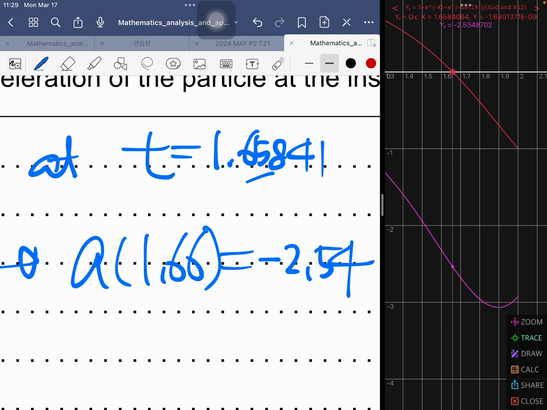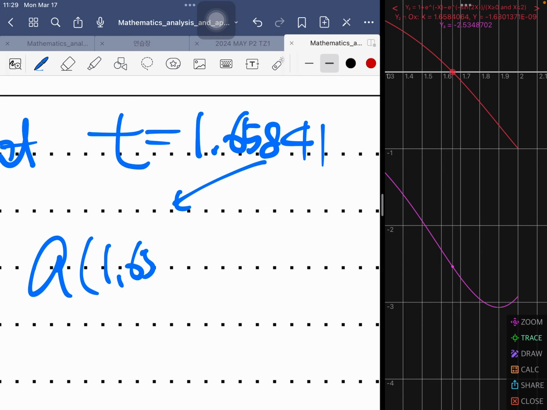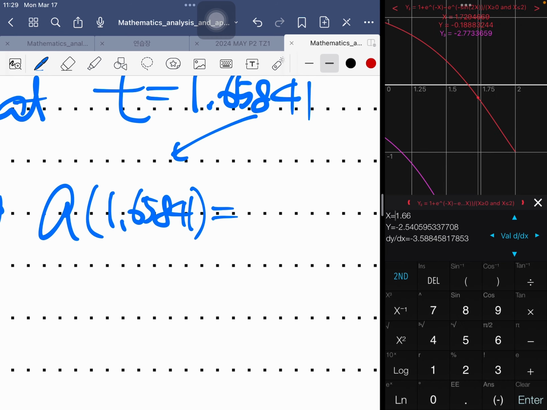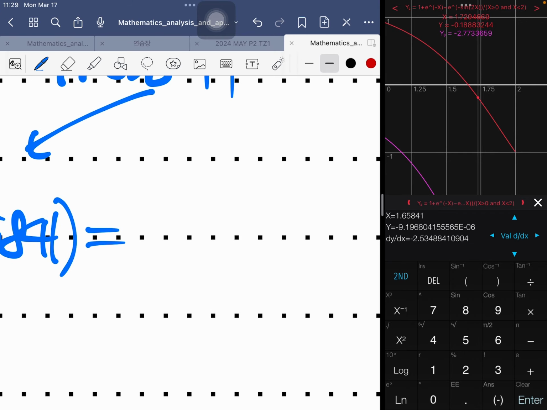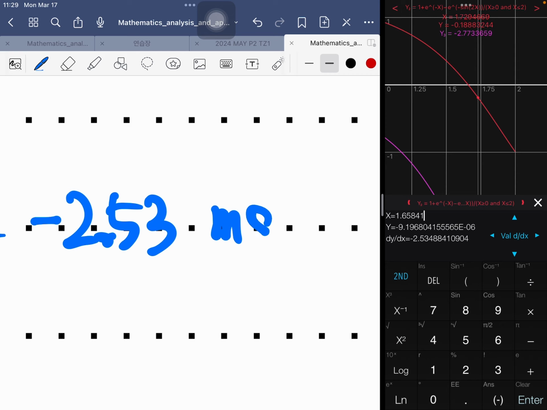Enter 1.65841 over here to find the acceleration. Go to calculate, delete everything, and put in 1.65841, and it will give you the actual answer. This can be written as minus 2.534, but to three significant figures, because this is the final answer, it is minus 2.53 meters per second squared, because this is acceleration.